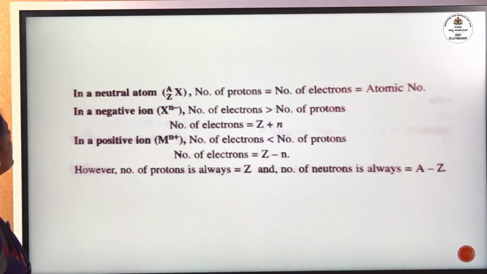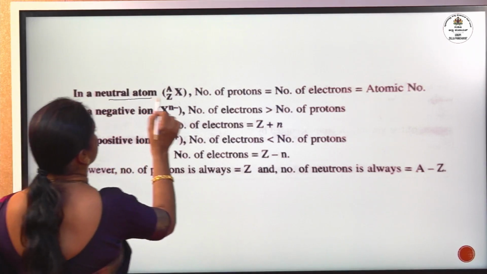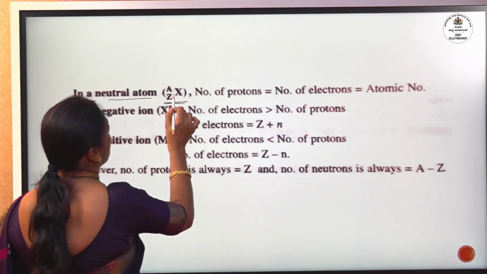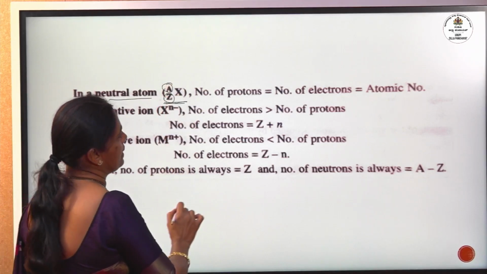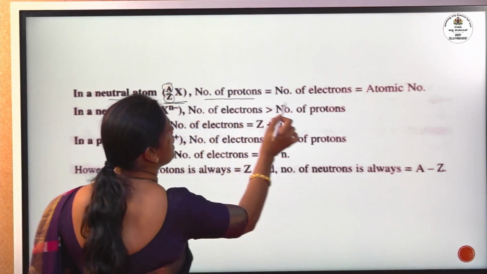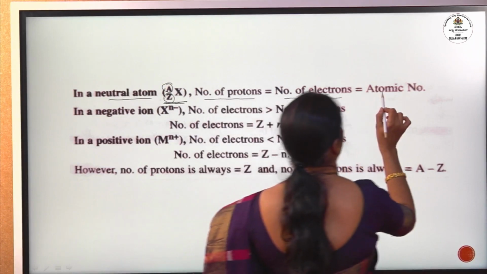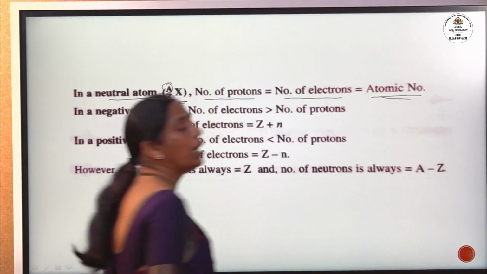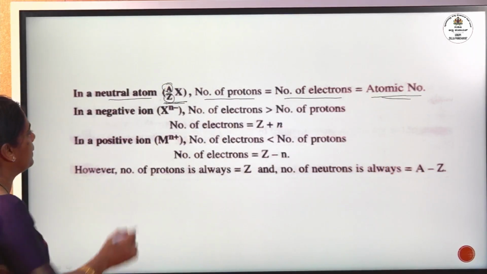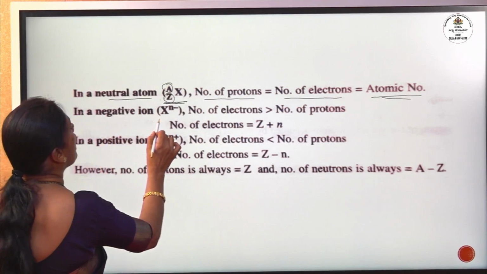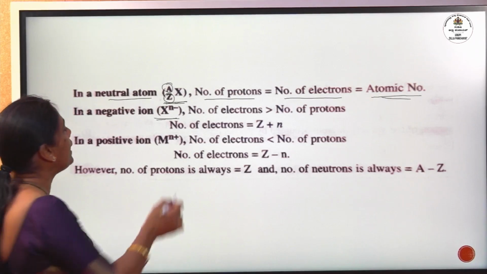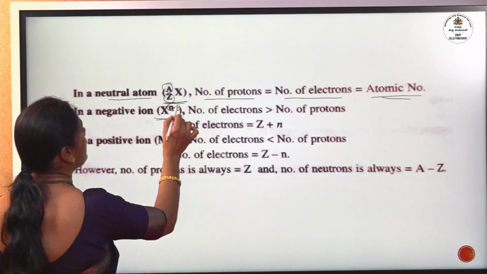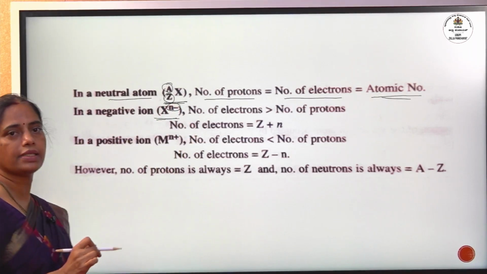Now, if we take a neutral atom, it can be represented like this, where Z is atomic number, A is mass number. So number of protons is equal to number of electrons, which is equal to atomic number. If we take a negative ion, here the charge is written.